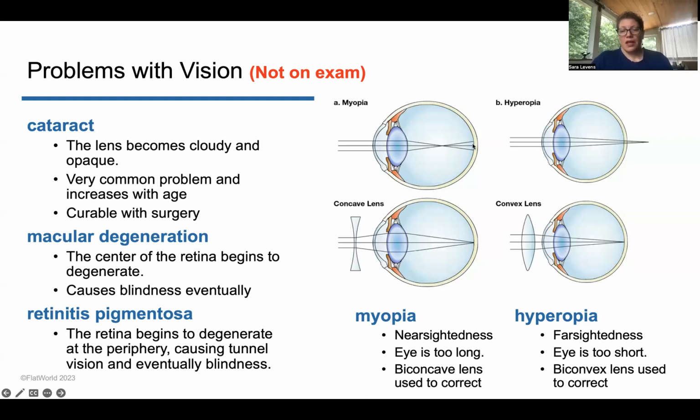And if your eye is too short and you're farsighted, then everything is coming together too late for the retina. And so you're not getting the visual acuity that you would need.